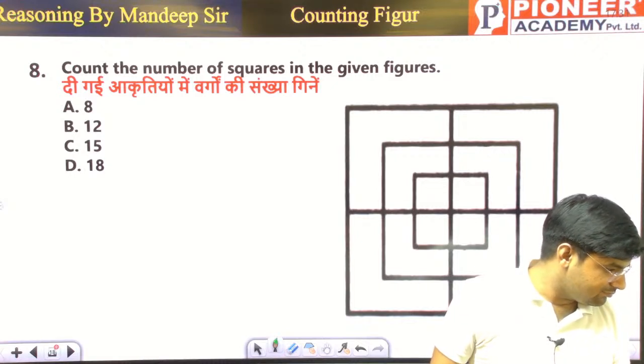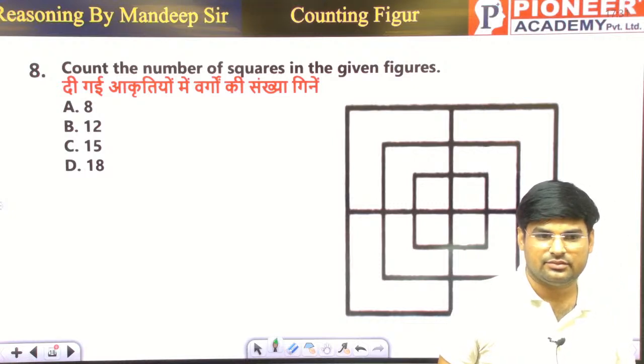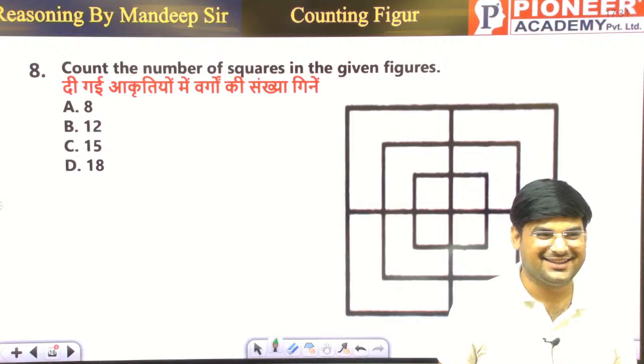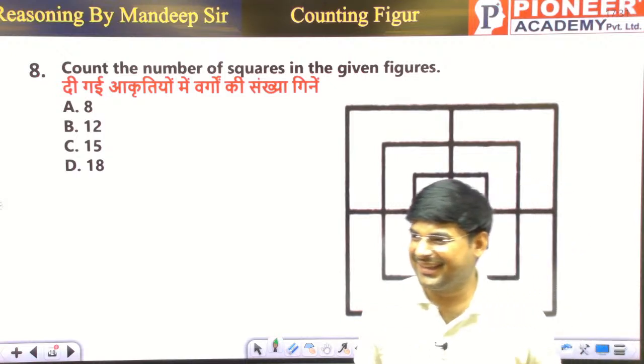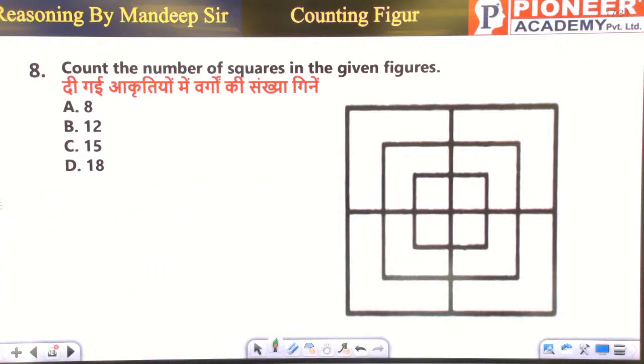Mr. Prime, give the answer. 15. If I say that 15 is a wrong answer, then what is the answer?